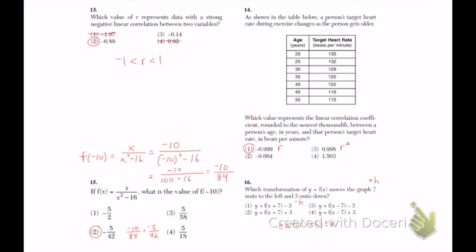Of all the possibilities that function could be called, we see that we are manipulating the plus h, so it's plus 7, so we can write it as f of x plus 7, and we're manipulating 3 units down, so we need a minus 3, and when we match it up with our choices, we can see that choice number 1 must be the correct answer.